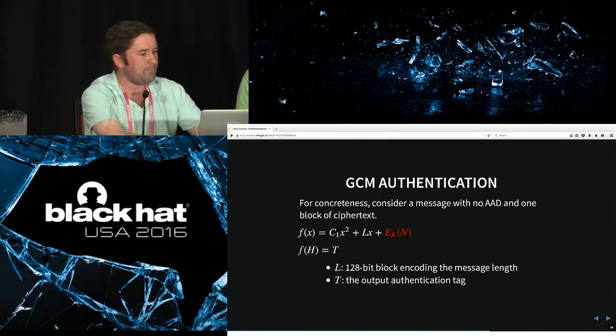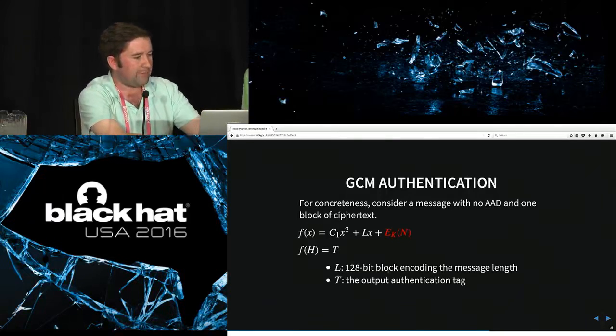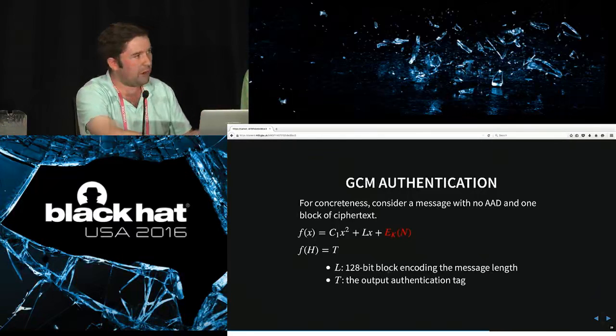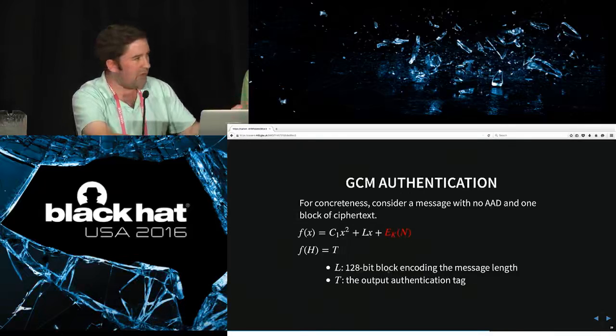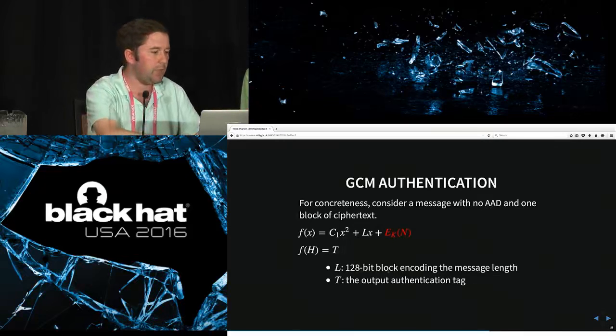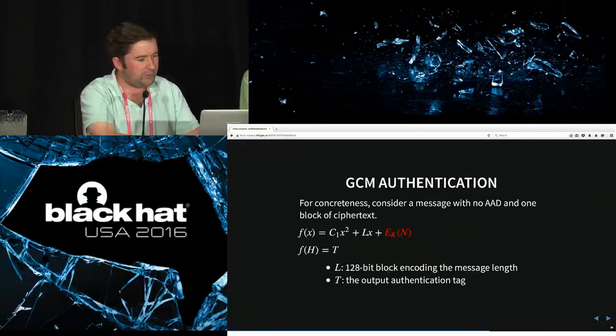Once we have this polynomial, we just plug in H. So we have f of H equals T, and that's our authentication tag. The receiver repeats the same process and compares what he gets with the tag the sender gives him, and if they match, it's an authentic message.